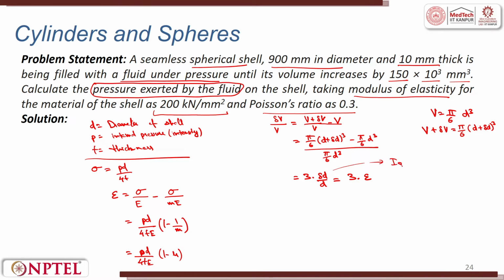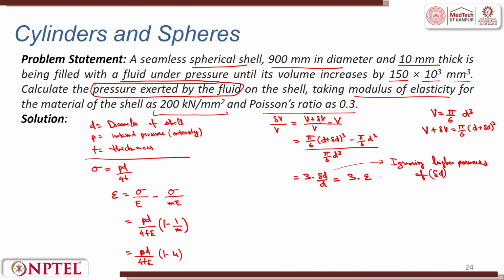We ignored higher powers of delta d, because if delta d is very small, suppose it is 0.01, the higher power would be 0.0001 for the second degree, and even smaller for the cube.